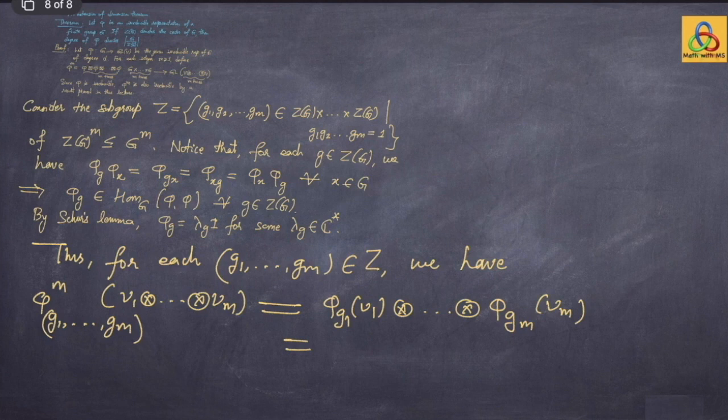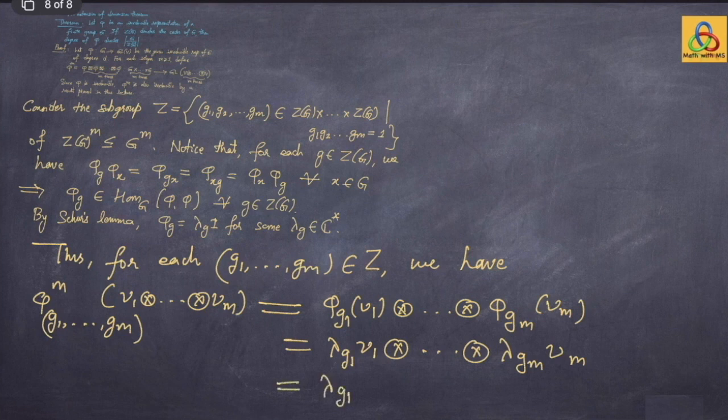But we know that each phi sub gi is multiplication by lambda gi. So therefore it is lambda g1 times v1 tensor so on lambda gm times vm. Okay, now use the definition of tensor product. The scalars come out, that is the same as lambda g1 to lambda gm times this vector v1 tensor vm.